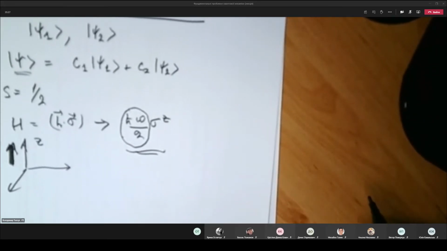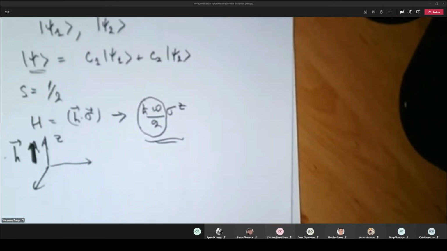It is the Hamiltonian of spin in a magnetic field. We can easily consider the evolution of this spin in a magnetic field. And now let us consider an ensemble of spins, many spins in a magnetic field.